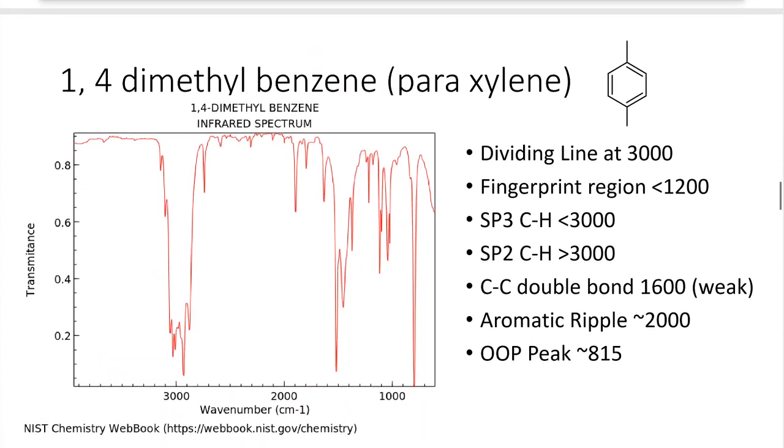Here we have para-xylene, which has all of the other features, but then it has its out-of-plane bending peak at around 815. And again, these are in the fingerprint region, so they're very difficult to pick out.